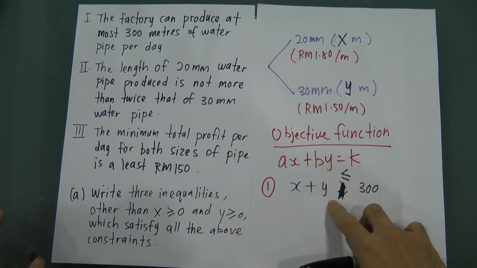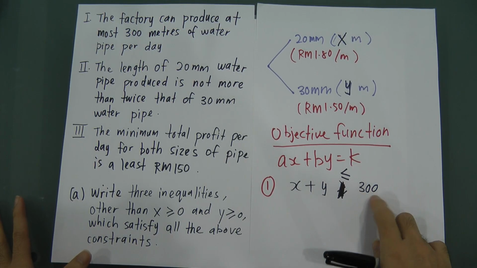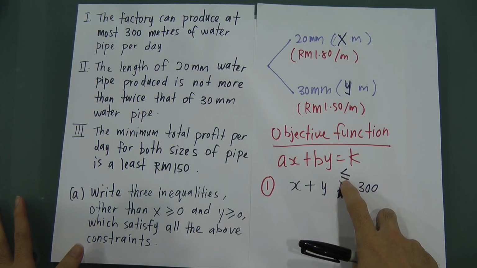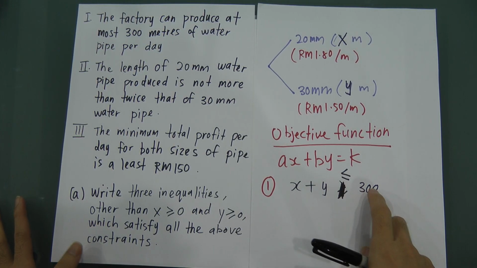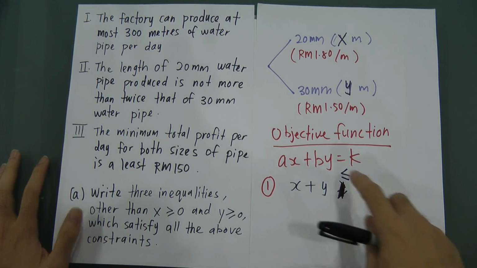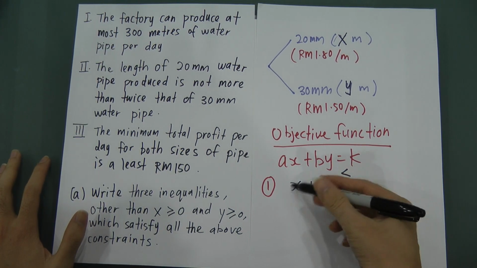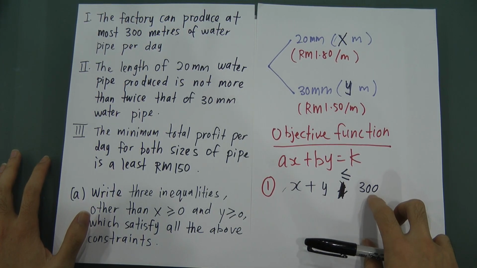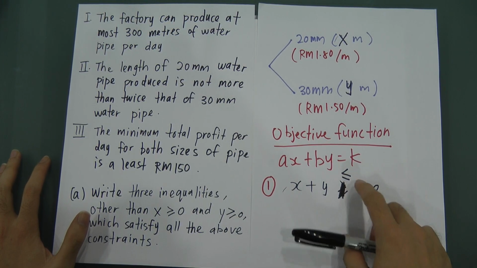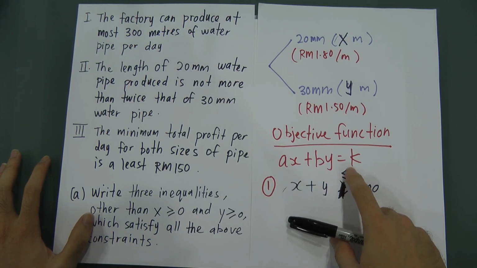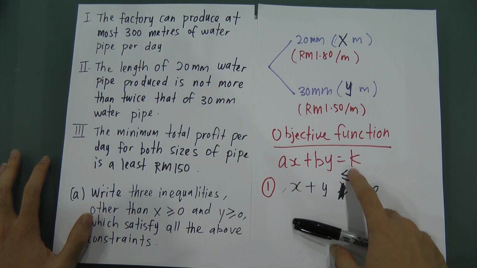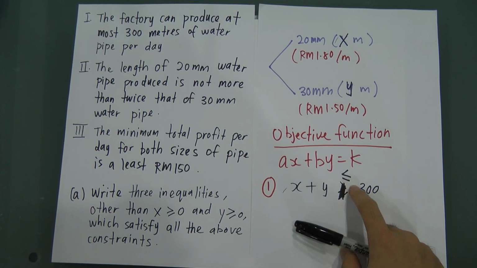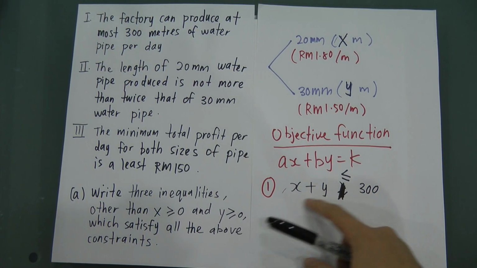It means x plus y must be smaller than or equal to 300. x plus y can be smaller than 300, but cannot be more than 300, because it said at most. At most means maximum already. The value here should be lower than the value here, so this is the correct symbol. When you see at most, it is about this symbol. x plus y can equal 300, or be smaller than 300.